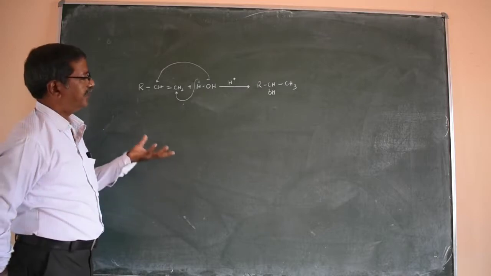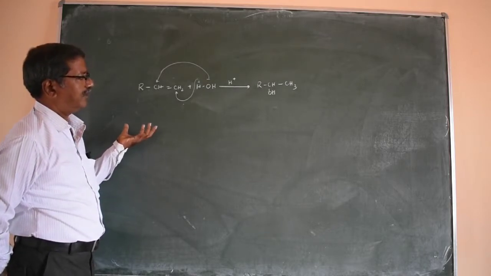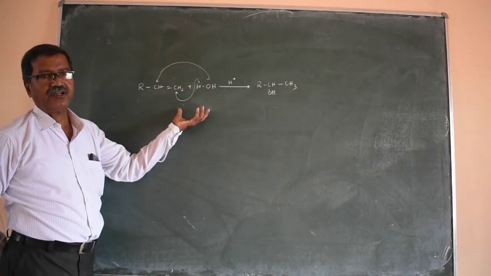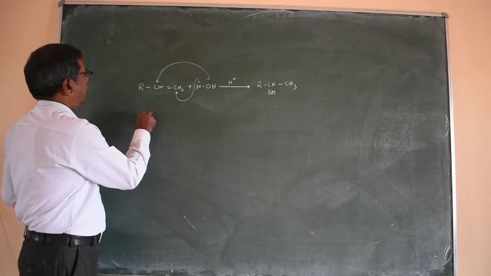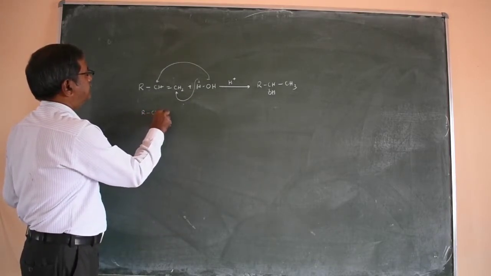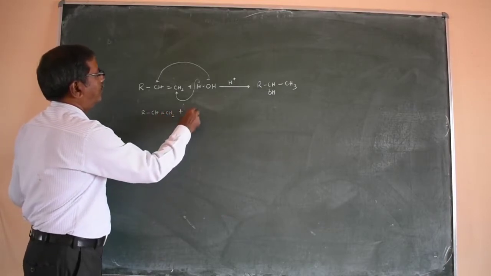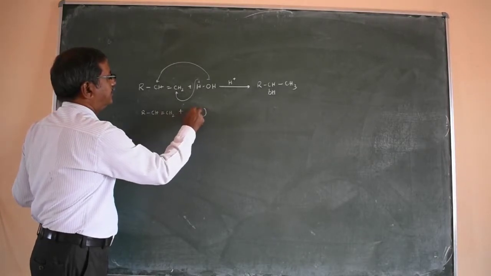We can also get the alcohol from alkene by using diborane B2H6, or BH3 twice. Here's RCH double bond CH2 and diborane B2H6, or we can write BH3 twice.